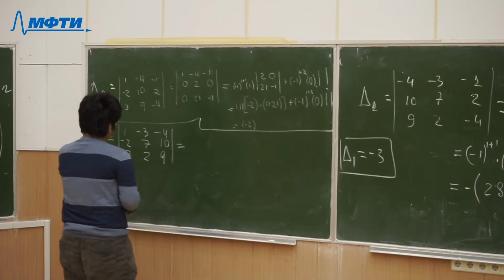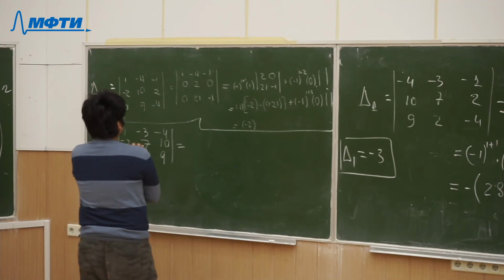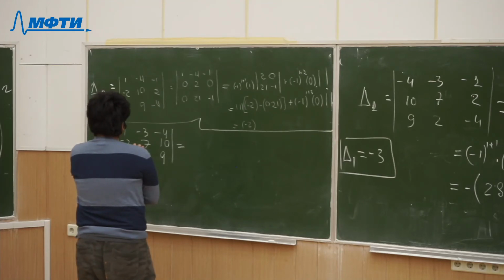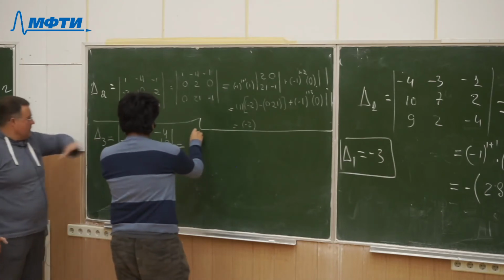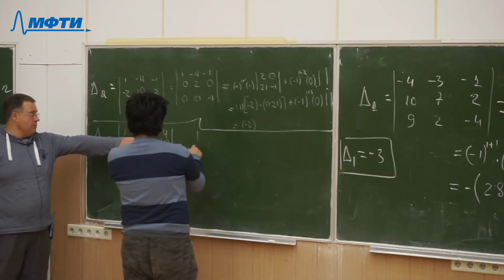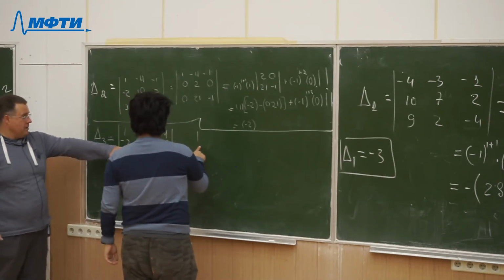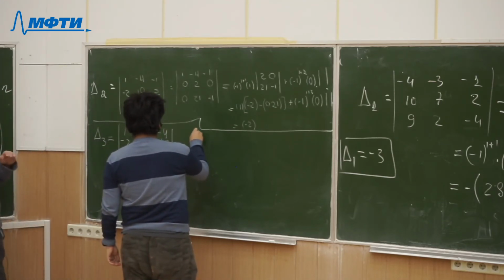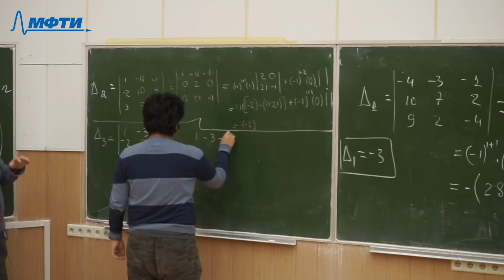How will we calculate? By the triangle rule or by the properties of the determinant? Yes, the properties are much easier. Let's try. I will help you. Multiply the first row by 2 and add to the second row. Yes? First row without changes.